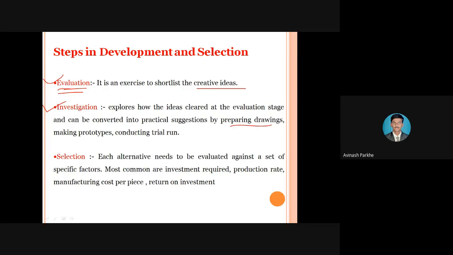All such activities we have to implement on the selected ideas. So detailed investigation will be carried out based on these 2 ideas.